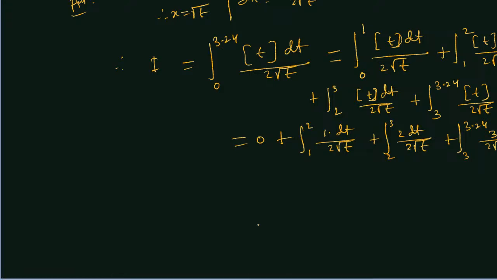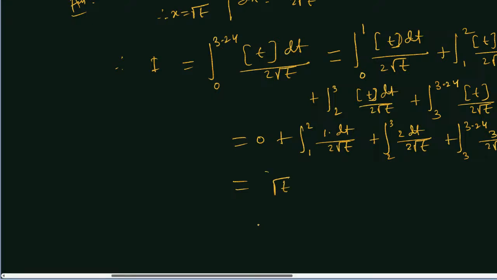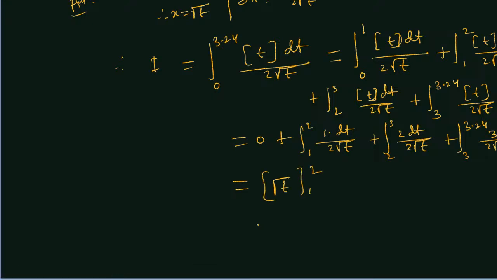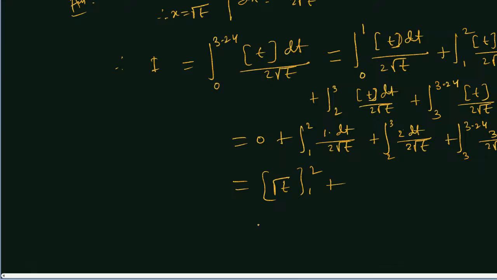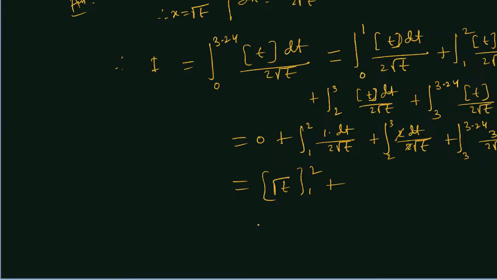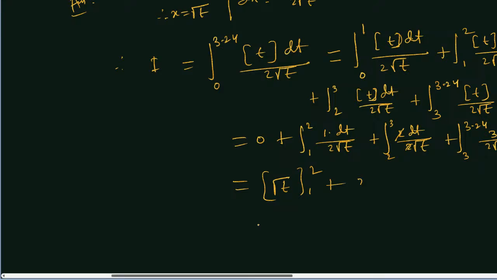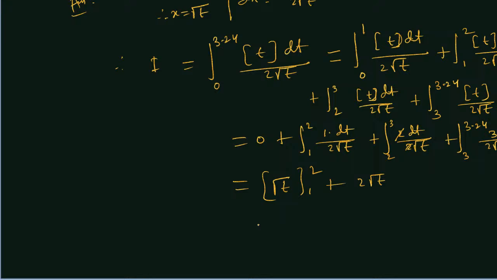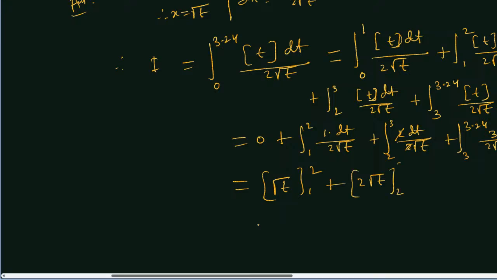Isn't it? This thing is what? 3 to the power minus half plus 1 by minus half plus 1, isn't it? So this will be root 3, 1 to 2. This one is what? The 2 is getting cancelled over there. Again this way, it will be 2 to 3.